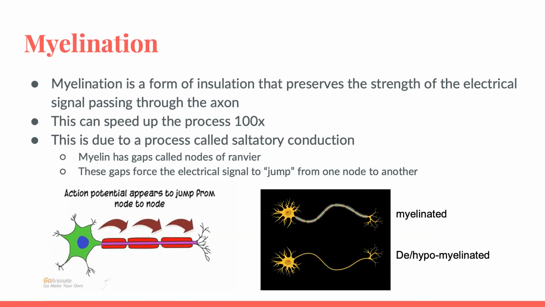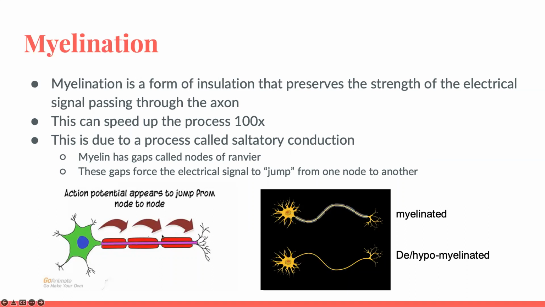And so what these myelinations do is decrease the amount of space and the amount of time that you have to have these action potentials happening. And so you can jump across these myelination blocks that are called myelin sheaths. So in the left picture, you can see this jumping shown.